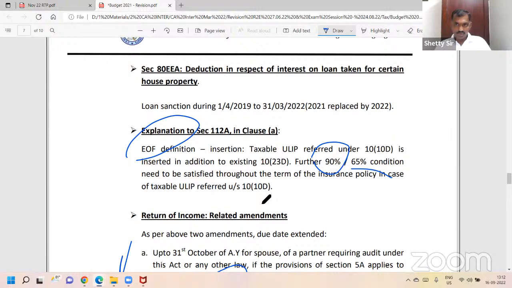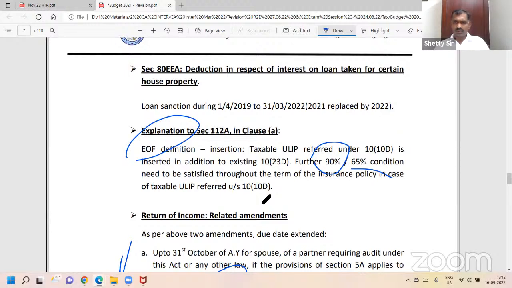Right side, investing in another fund: 90% or more in such fund, and such fund invests in equity shares of listed domestic company 90% or more. 90 of 90.